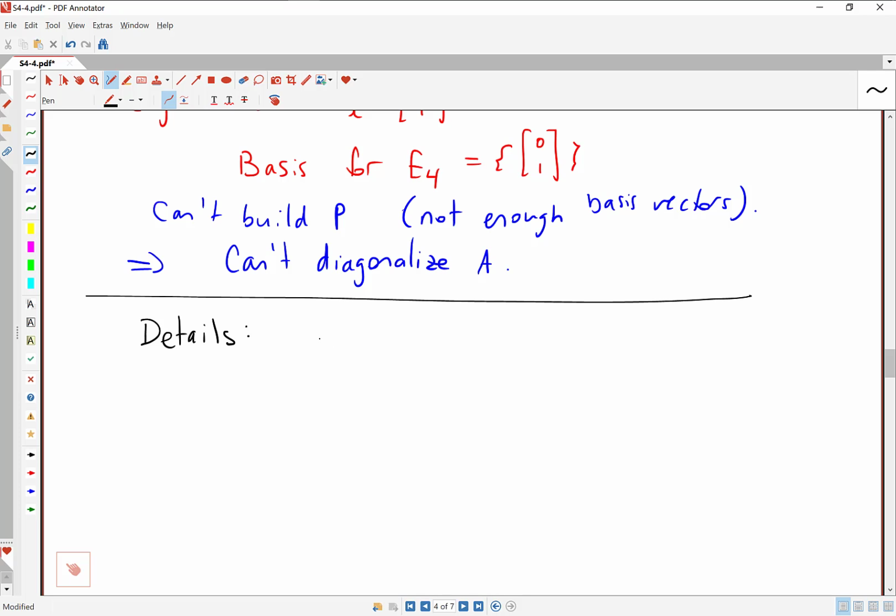So let's think about the characteristic polynomial, or the characteristic equation, for this particular matrix A. Remember, the characteristic equation is just where you take the determinant of A minus lambda I and set that equal to 0.